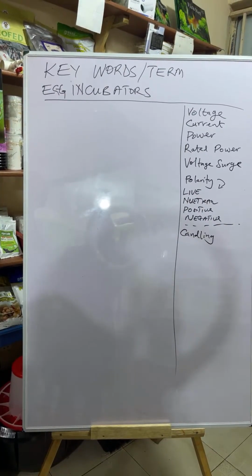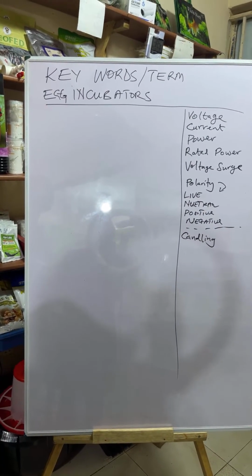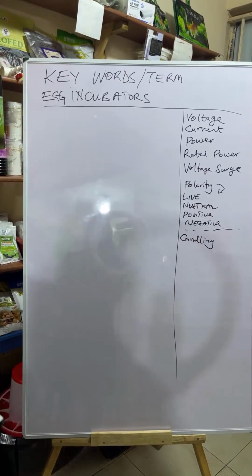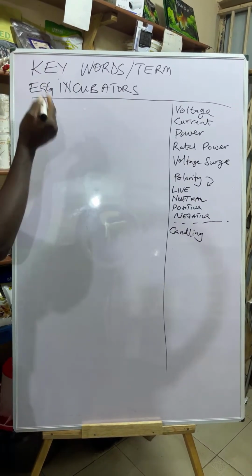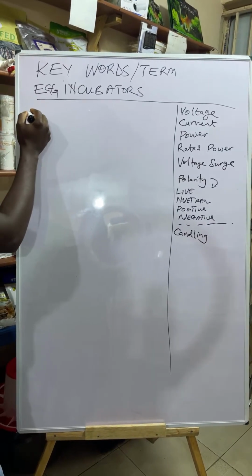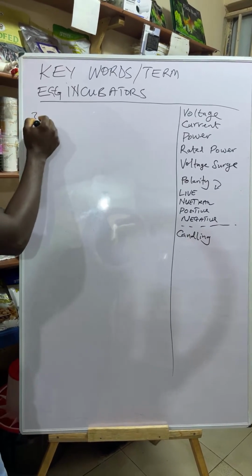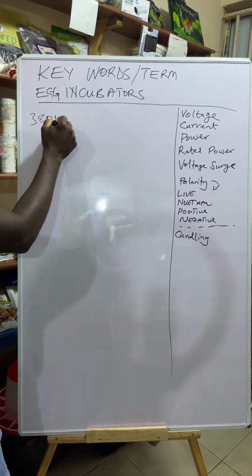Now, when it comes to voltage, we have many levels of voltage. We have the kilovolts. Let me step it down. So we have 380 volts.